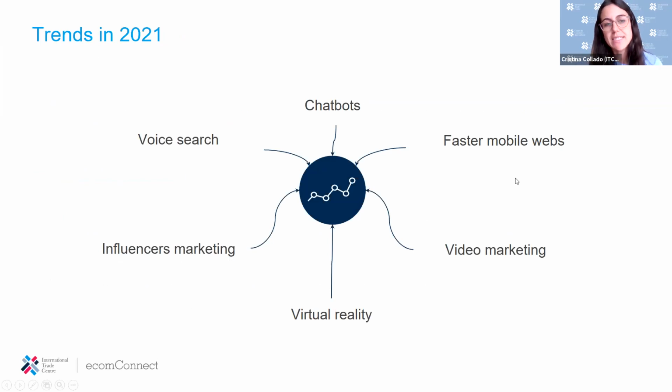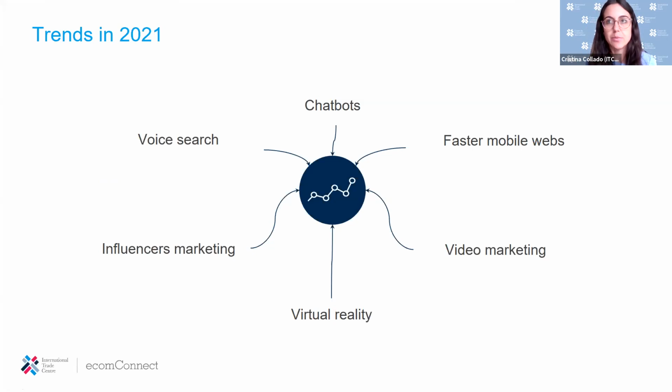So, trends in 2021. This year, digital marketing is more important than ever. It's so important that you also need to be aware of the different trends this year. One is chatbots. You need to provide instant help to your customers. Now, it's not just necessary to have a frequently asked questions page.